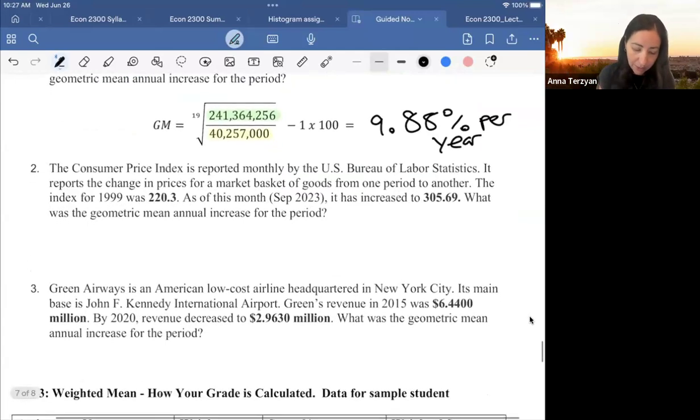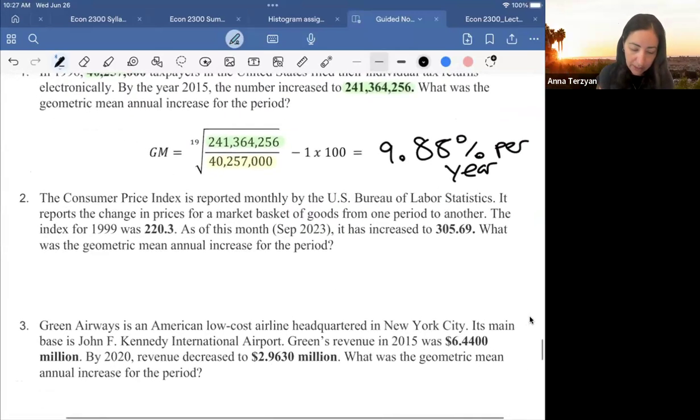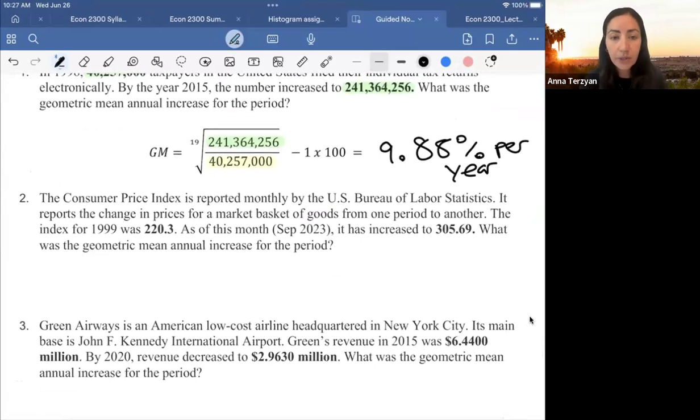And let's just do this last one here, the Consumer Price Index. The CPI is what we use to calculate price growth or inflation. Here we have the price index in 1999 was 220.3, and in September 2023, which was last year, it was 305.69.